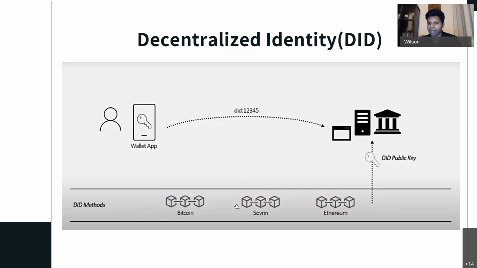So is this the right one? Or are you the right person to authenticate or not? That is possible, and this is being built, and I'll show you how a few of the blockchains are helping you to validate that.